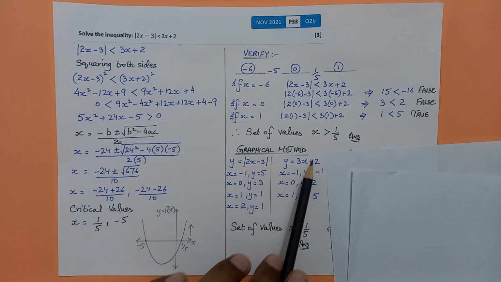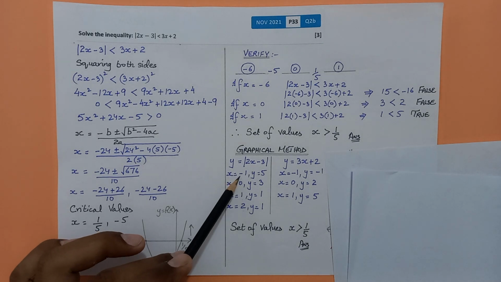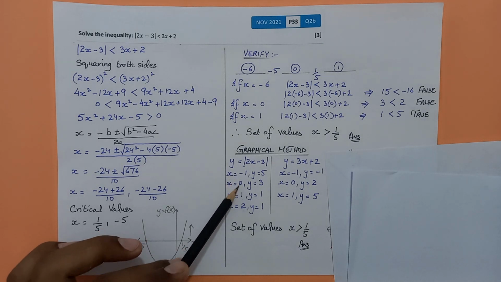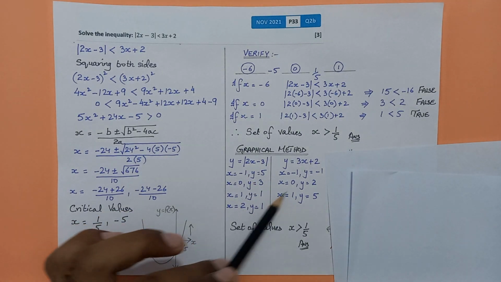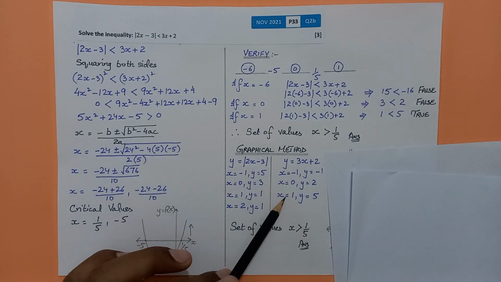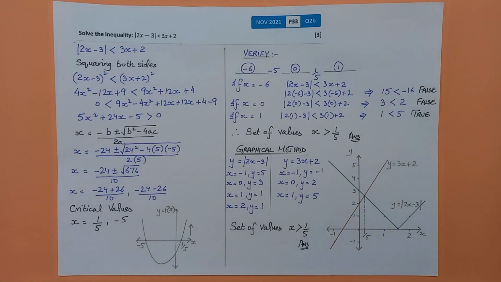Just place both of them equal to y, take any values of x, negative, zero or positive, for both of them, get the required values of y, and after that just draw the graph. As you can see, I have drawn the graph and used two different colors so that it becomes very easy for us to recognize the area which is the required set of values of x.